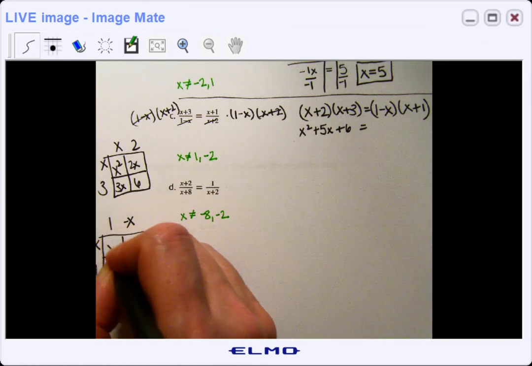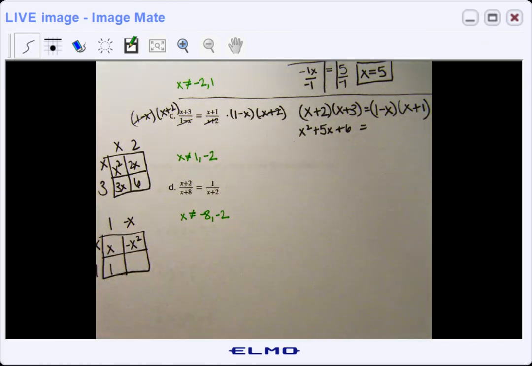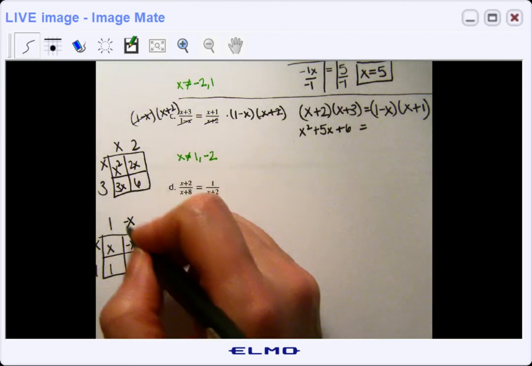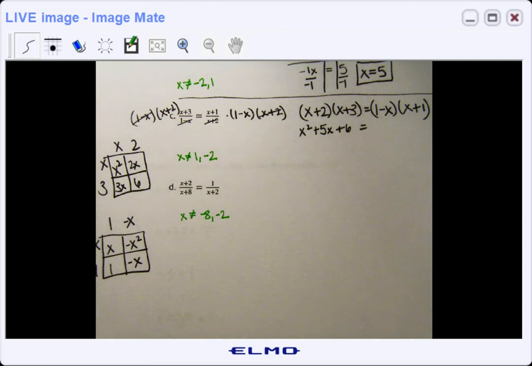So this is x, 1, negative x squared and negative x. And so altogether, it's negative x squared, and then that's x and negative x, that makes 0. So negative x squared plus 1.